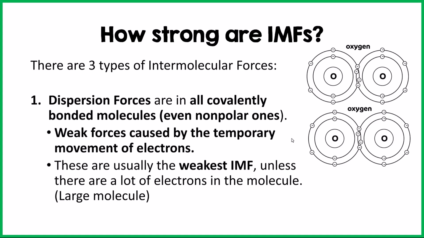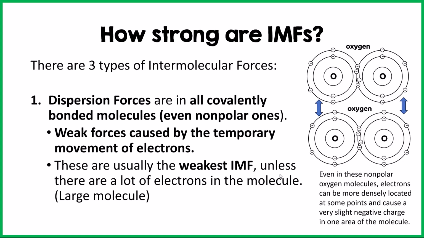So let's look at this dispersion force. These oxygen molecules are diatomic, and because they're made of the same atom, they are completely nonpolar. But as these electrons orbit around the nucleus of the oxygen molecules, they become more densely located at some points, causing a slightly negative charge on one side or a slightly positive charge on the other side, just as they are moving around the nucleus.